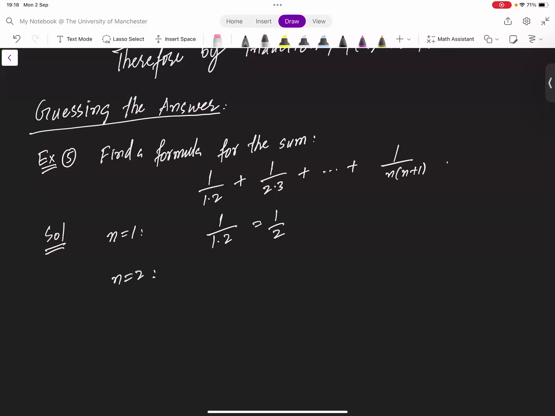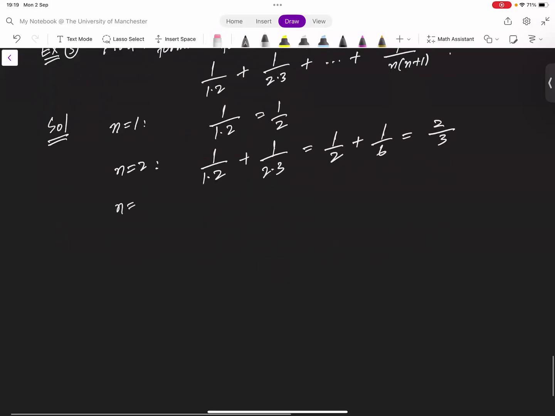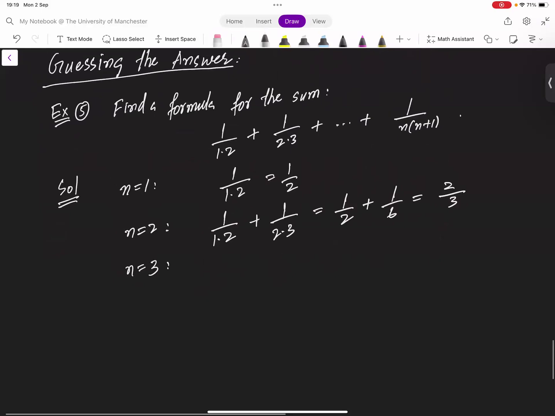For n equals 2, this will be 1 over 1 into 2 plus 1 over 2 into 3, which is 1 half plus 1 over 6, which is 2 over 3. And for n equals 3, this will be 1 over 1 into 2 plus 1 over 2 into 3 plus 1 over 3 into 4, and this is 3 over 4.